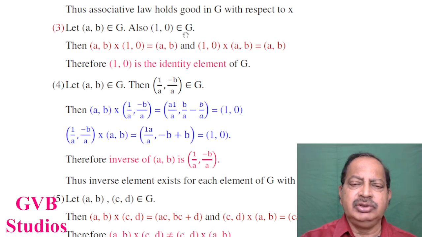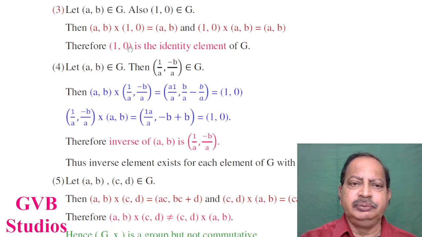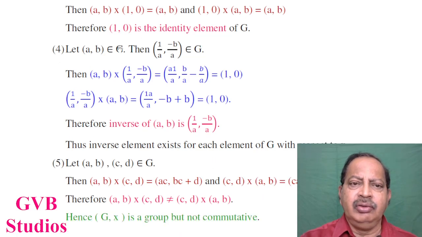This element belongs to G. Operating (a, b) and this (1, 0), we get (a, b) cross (1, 0) is equal to, by definition, simply (a, b). And (1, 0) cross (a, b) gives (a, b). So by operating (1, 0) with the element (a, b) on the right side and on the left side, we get the same element (a, b). Therefore, we say that (1, 0) is the identity element in the set G. (1, 0) is the identity element of G.